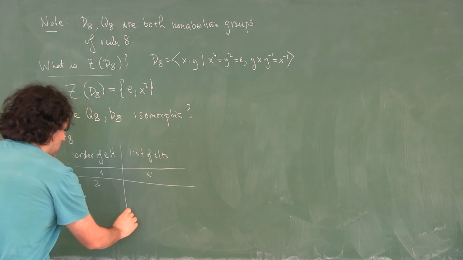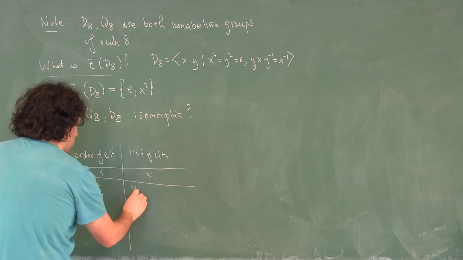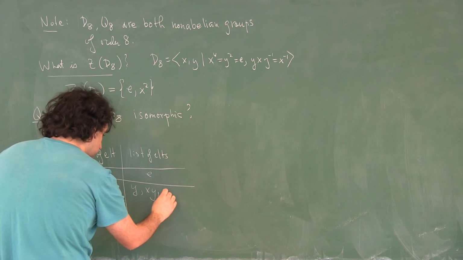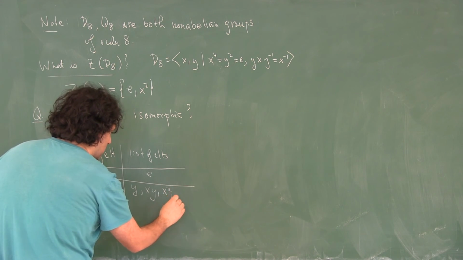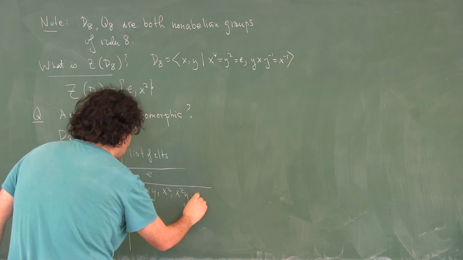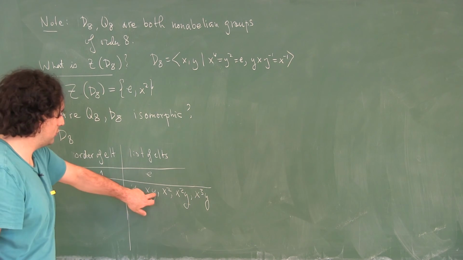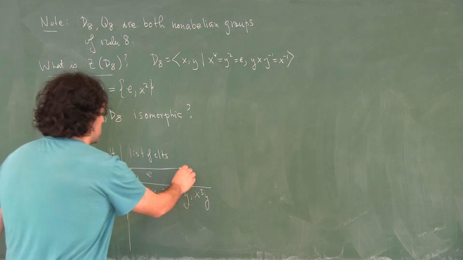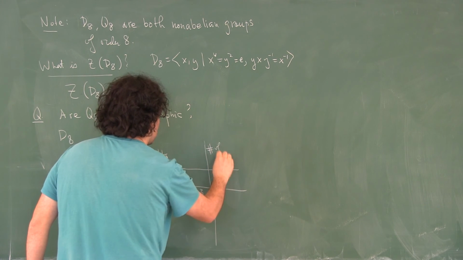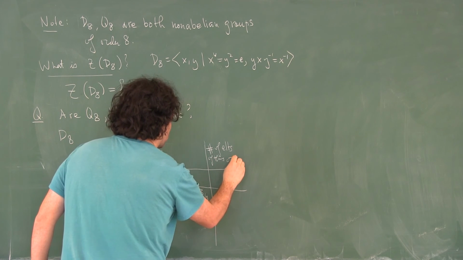Elements of order 2 in D8, well, it's most of them. We have y, x times y, x squared times y, and x cubed times y. So we have 1, 2, 3, 4, 5. Let's add a third column, the number of elements of this order.